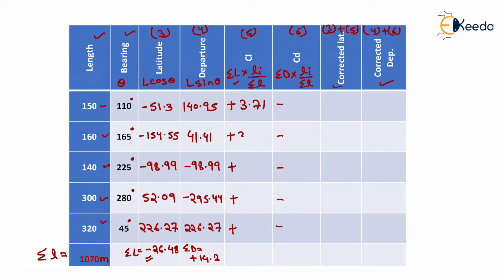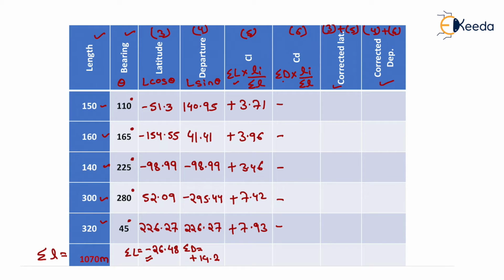Similarly, the next values are 3.96, 3.46, 7.42 and 7.93. Similarly, for the net sum of departure, 14.2 into the length of the side, 150, divided by the total length, that is 1070.